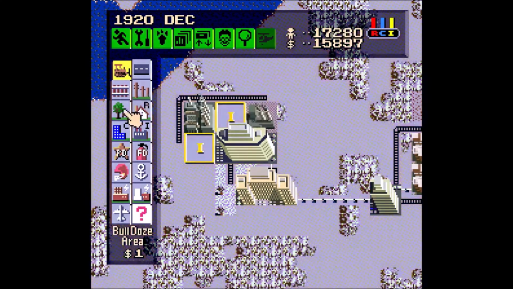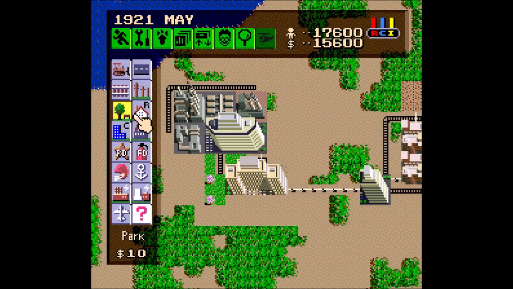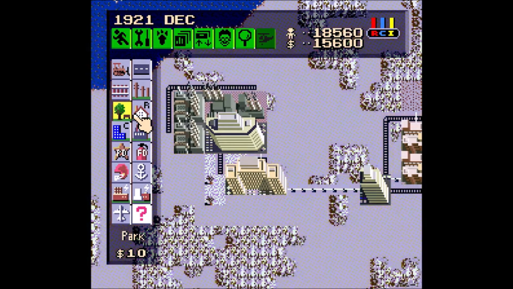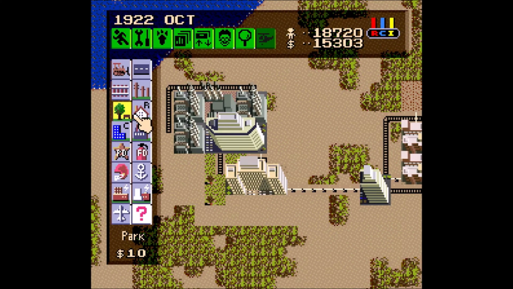So while these industrial zones are developing, I want to summarize residential and commercial tops. Residential tops are easy to get and will always become a top if you have two R5 highs next to each other. However, residential zones are a lot more sensitive to pollution, crime, and lower land values.